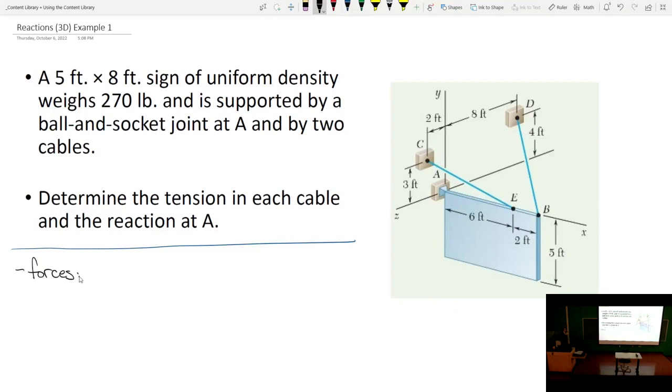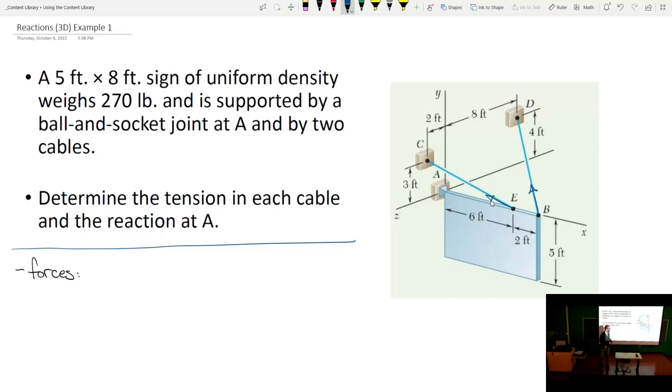forces. So first off, if I look at the problem, I need to determine the tension in each cable. So I propose that there is a tensile force right here, and there is a tensile force right there. And I think it makes sense the direction I've applied these things. If here's the sign, I just let the sign go.